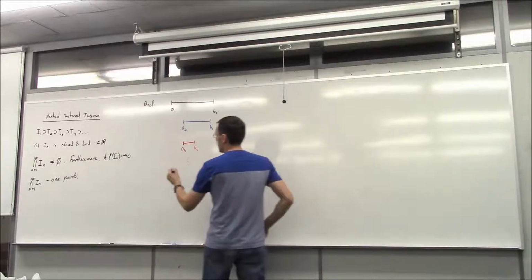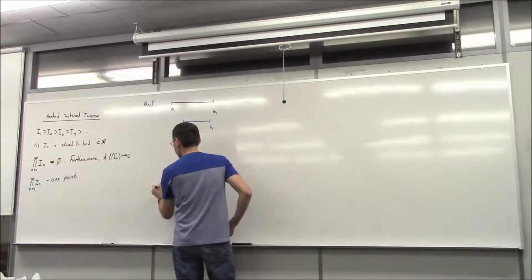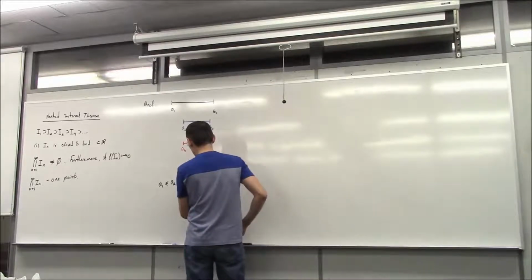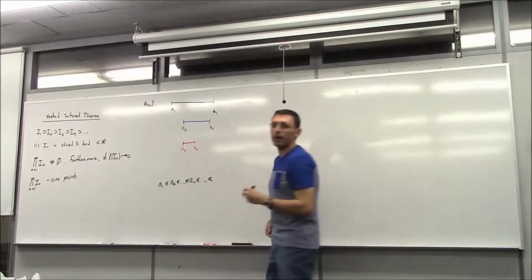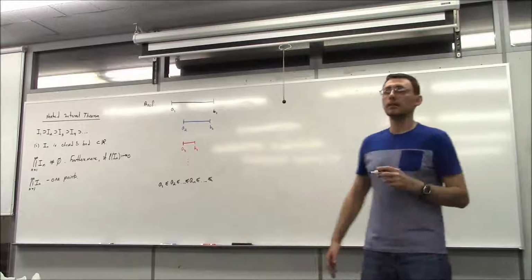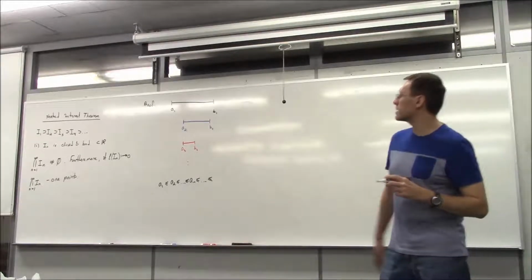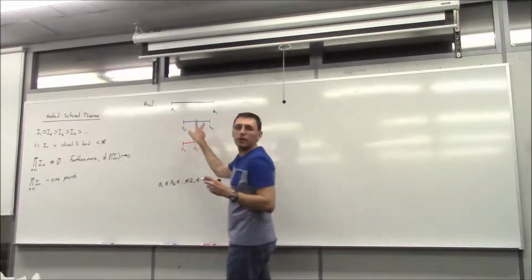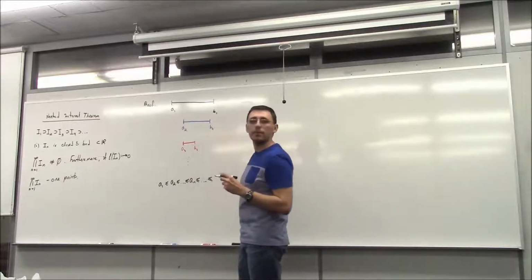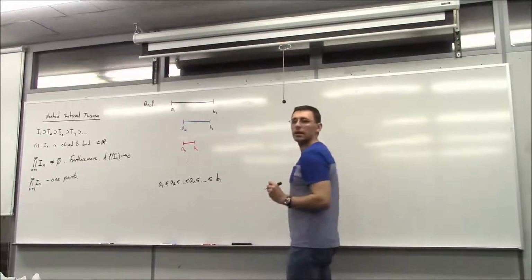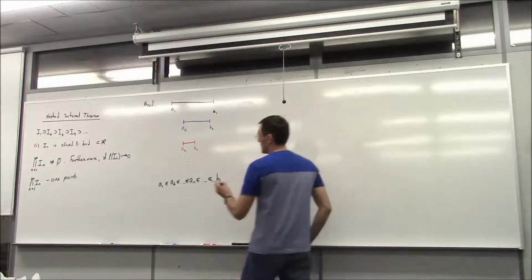So A1 is less than or equal to A2, less than or equal to A_n, less than or equal to, etc. Is there an upper bound to the sequence of A's? Yes. What is that upper bound for sure? B1. However you move this interval and shrink it, the upper bound is B1.